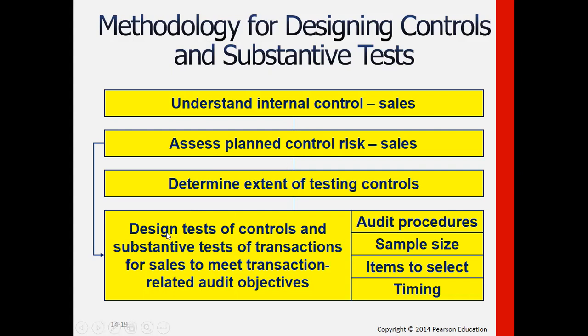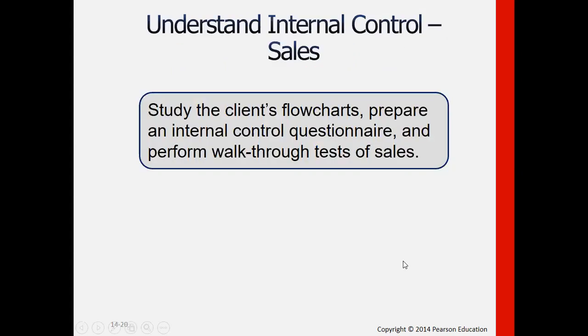Then we are going to design the tests of controls and substantive tests of transactions for sales in order to meet the transaction-related objectives. So we will have to review later on the so-called management assertions or representations. And therefore, we will now be planning our audit procedures, the size of our sample, the items to select, and the timing. So we have to understand internal control of sales.